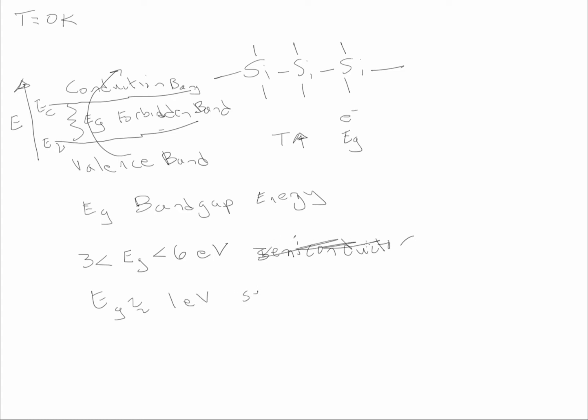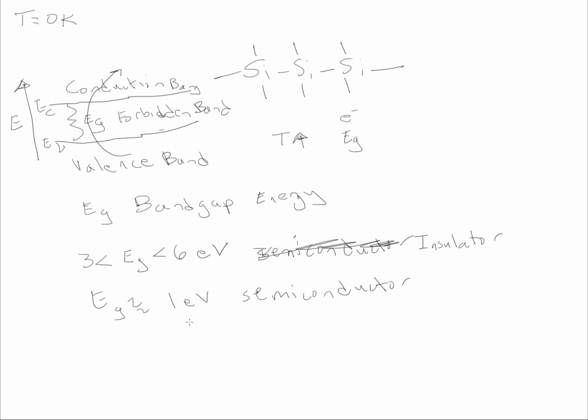Whoops, I did that wrong. This is an insulator if it's 3 to 6. And then if it's on the order of 1 electron volt, then we have a semiconductor. And if it's much, much smaller, then it becomes a conductor. So as this energy gap becomes smaller and smaller, it becomes more of a conductor of electrons.